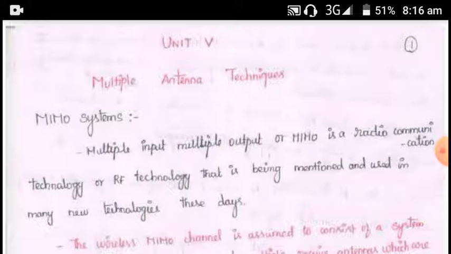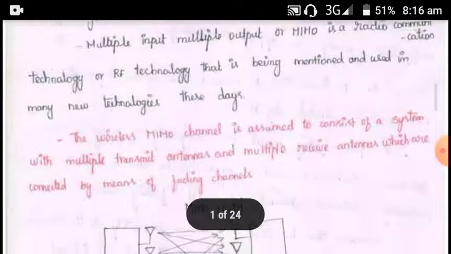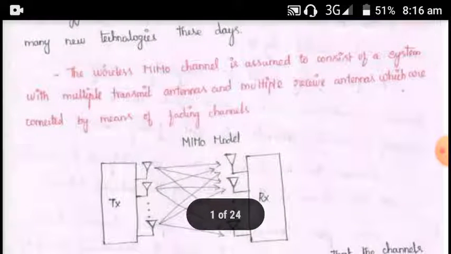Why are we using these multiple elements? For various purposes: beamforming, diversity, interference reduction, and spatial multiplexing. For all these techniques we use multiple element antennas, MEA, multiple element antenna.